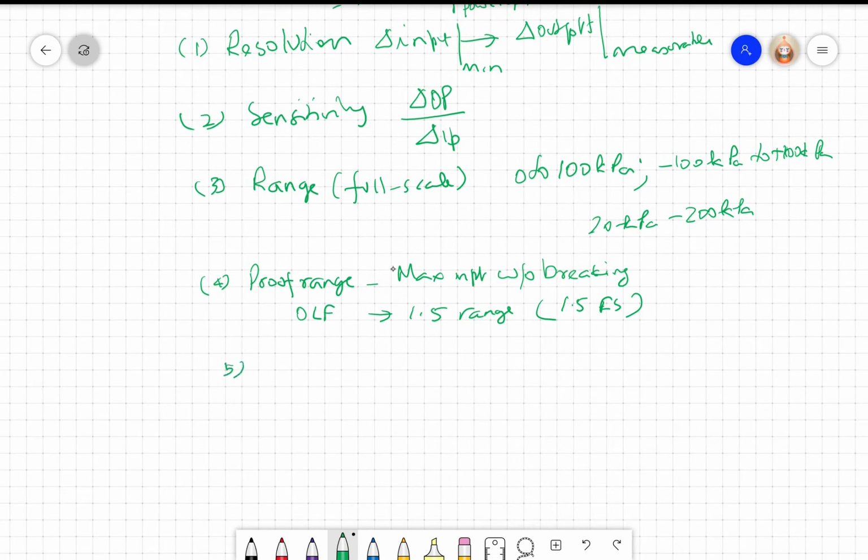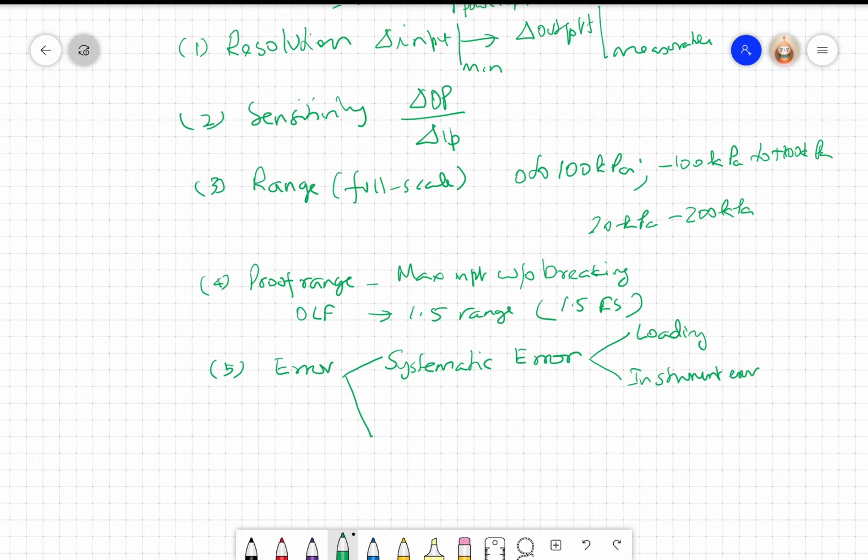the next one we learned was error. We saw two types of errors. One we'll call the systematic error. The systematic error has two components. Error due to loading because of the transducer itself. The other one is instrument error. Right? We have to be careful.